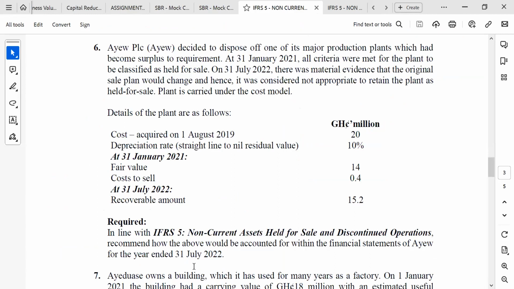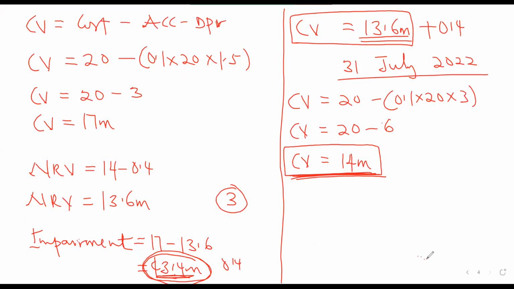For 31 July, if you go to profit or loss, you only do reversal of impairments. The reversal should be only 0.4 because we haven't charged depreciation over the 1.5 years that we classified the asset as held for sale.